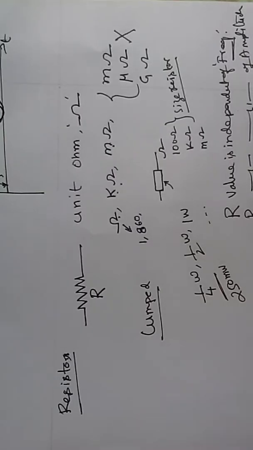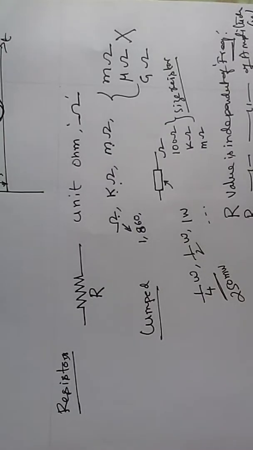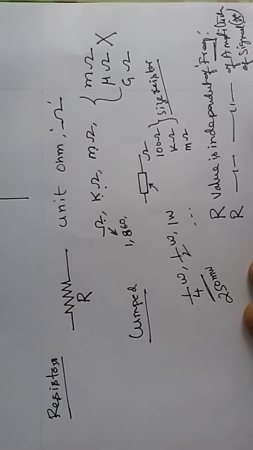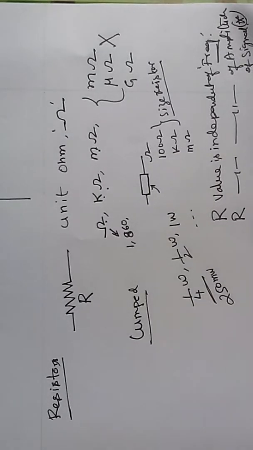Here a care should be taken: if the amplitude is too much, so that the current flowing through the resistor exceeds the power wattage of that particular resistor, it may harm the resistor. It may just make your resistor burn. As long as the current flowing through the resistor is within the allowable limit, the resistance will not change.